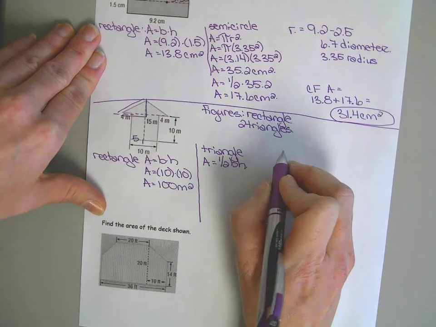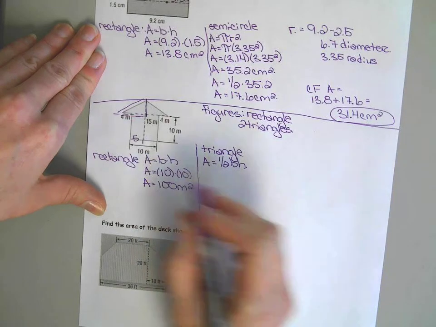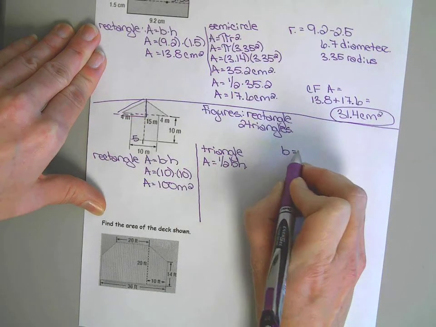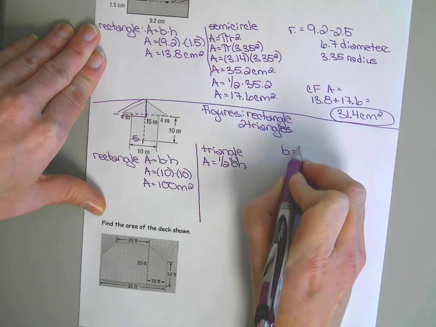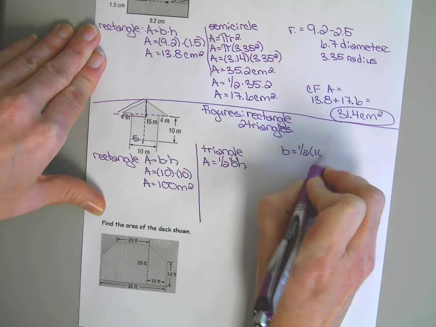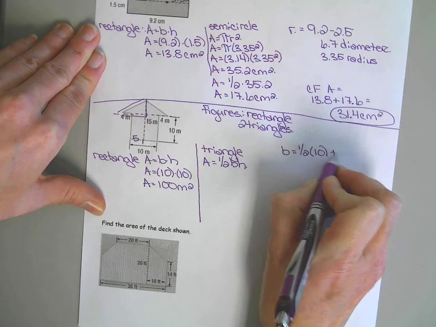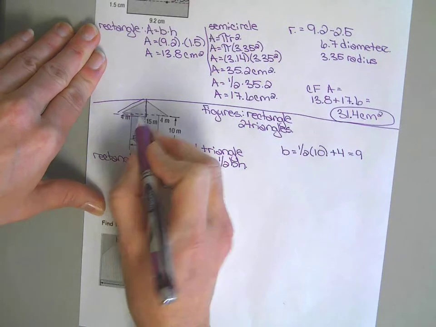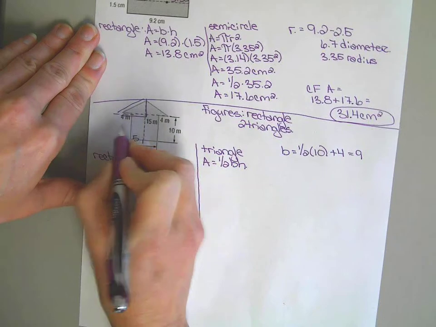So we know the base would be 9. So that would be, if you want to write it out, half times 10 plus 4 equals 9. That would be our base of our triangle, the total base.